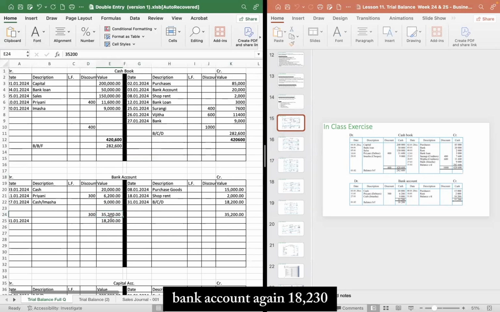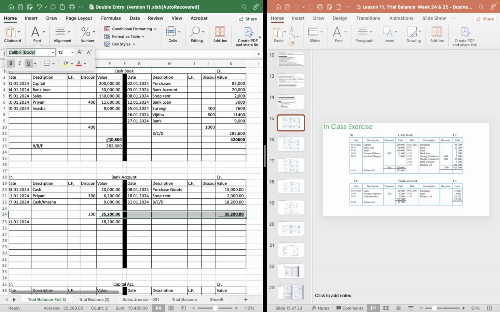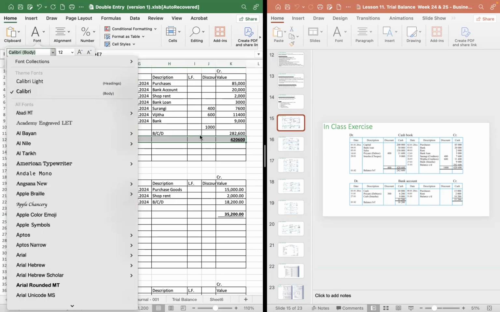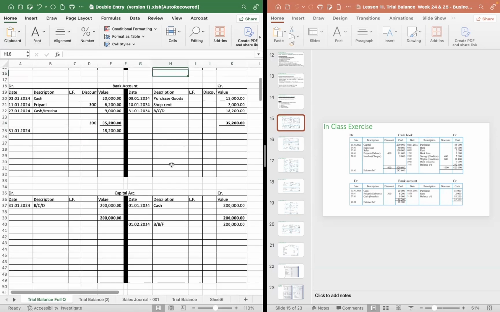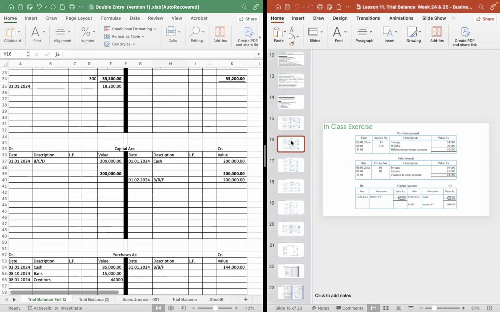Bank account 18,230. Capital account 200,000.